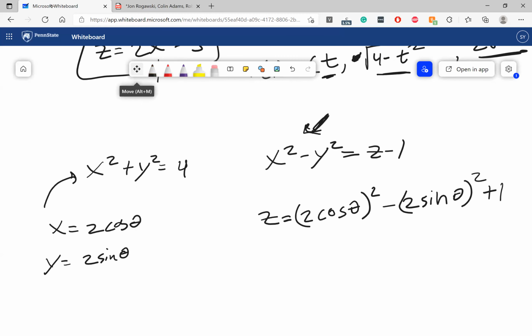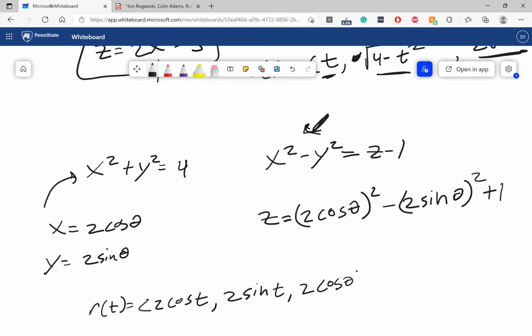Okay, now let's just replace theta by t so that it fits the picture that we want it to fit. So we can say, okay, r of t is equal, in the x direction, I have 2 cosine of t. In the y direction, I get 2 sine of t. And in the z direction, I get (2 cosine of t) squared minus (2 sine of t) squared plus 1. So that's now what my r of t is.